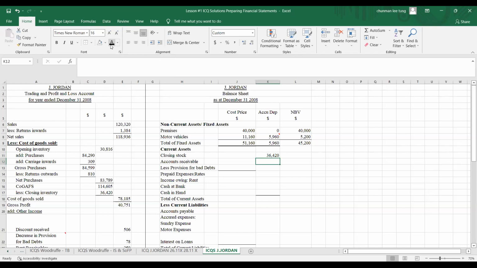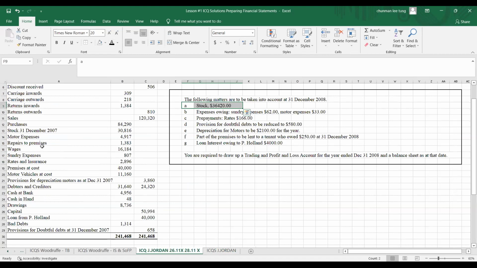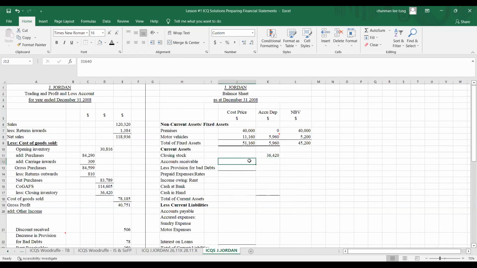Now we are going to account for debtors, also called accounts receivables. So how much is it? We're going back to the trial balance. Debtors and creditors. But you know we're dealing with debtors. Debtors have the debit balance. Creditors have the credit balance. So this is our debtors figure, 31,640.